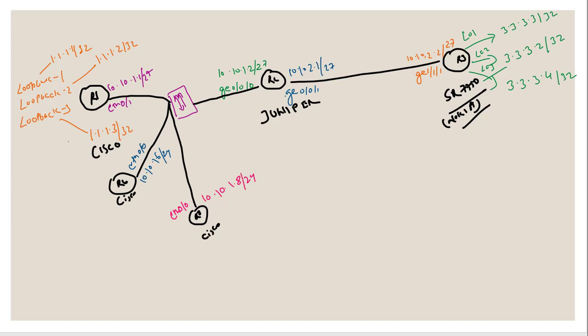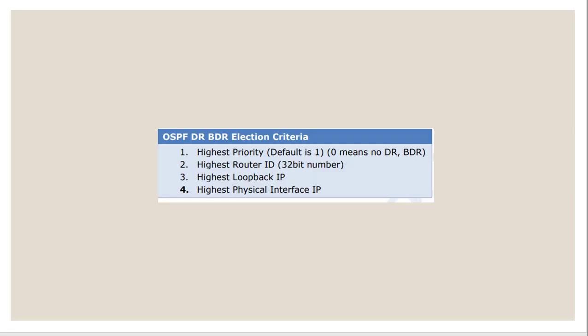So this is the lab which we are going to use for checking the DR and BDR concept, and this is the same lab which I used in my previous video on router ID. Before logging in to the lab, have a look at how DR and BDR will be elected. By default, the highest priority will win the DR election, and the second highest will be the BDR.